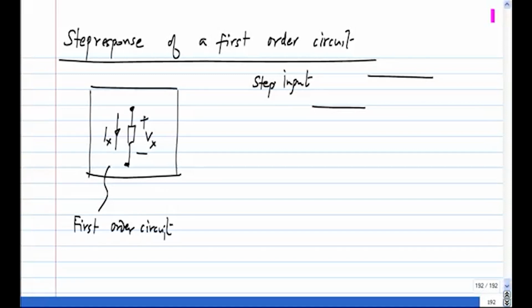The response of any voltage or any current in the circuit, it could be capacitor voltage, it could be anything else, will be of this form. I'll write it for voltages: Vx final plus Vx initial, which should be taken as 0 plus, because there could be something happening between 0 minus and 0 plus. It could be a jump. Vx final, of course, means infinity.